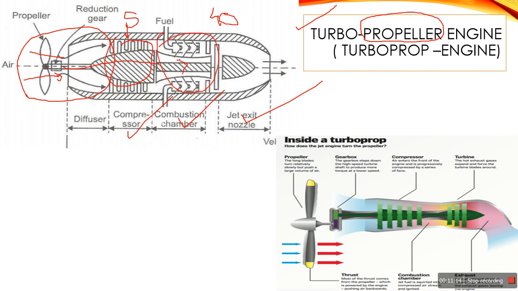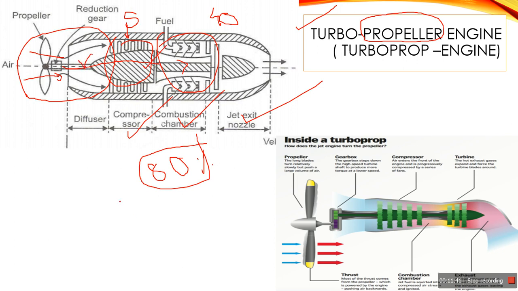Okay, now see here what the difference is. Out of 100% of the combustible products, 80% of the power is developed by the turbine. I again repeat, around 80% of the combustible products flows over the turbine in order to run the compressor and the propeller.